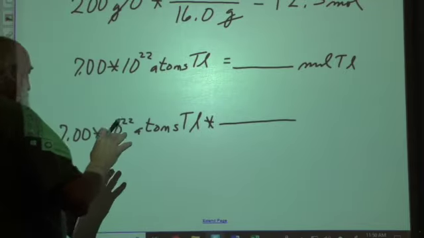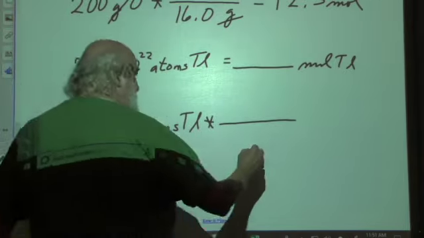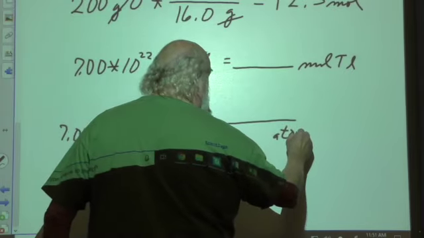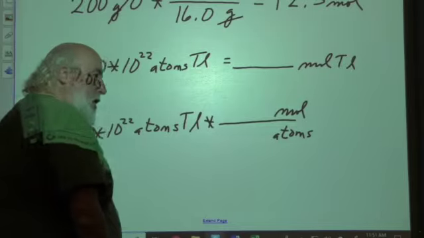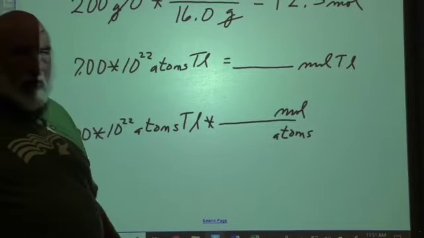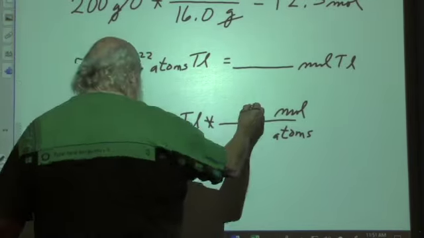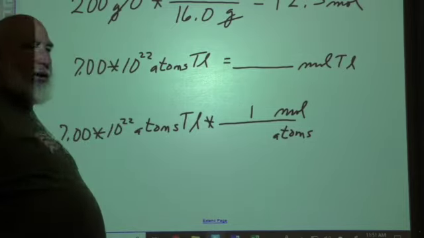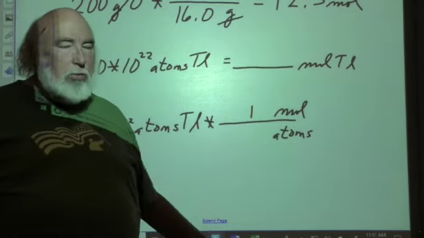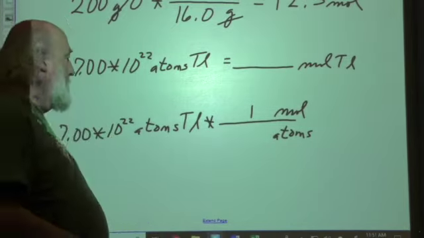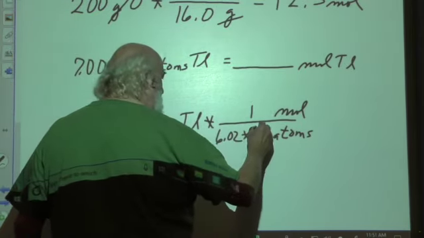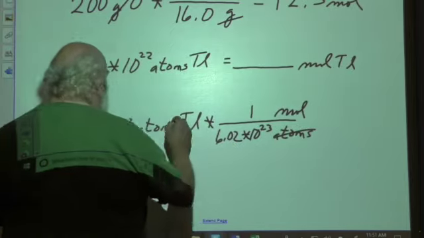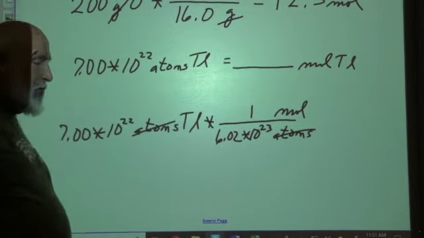Now, we're going to put the atoms on the bottom, moles on top. And again, the conversion always involves 1 mole, so we put 1 mole here. And the number of atoms, by definition, according to Avogadro, and this is Avogadro's number, is 6.02 times 10 to the 23rd. Cancel out if you want, just to show that you're left with moles.